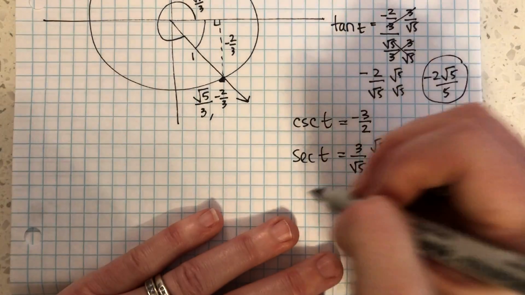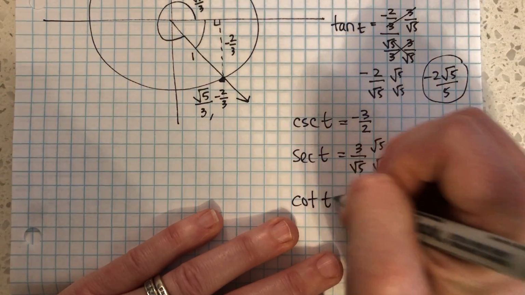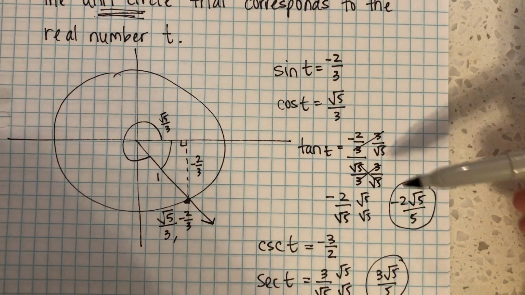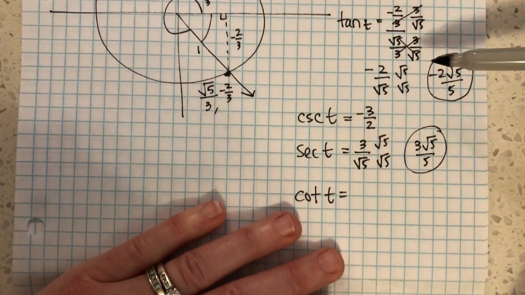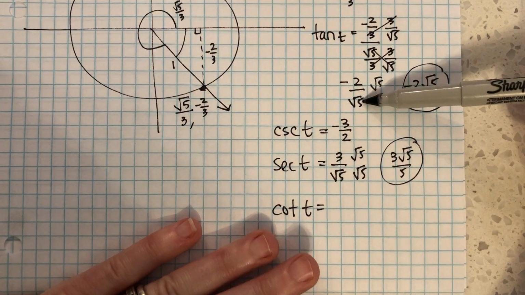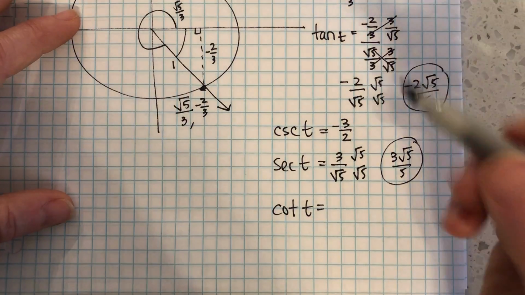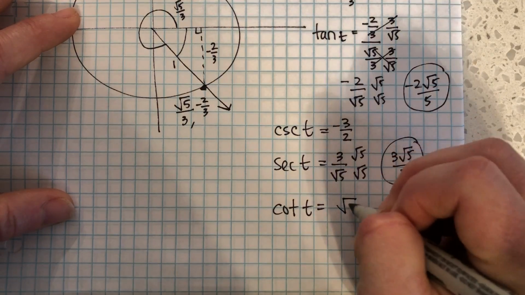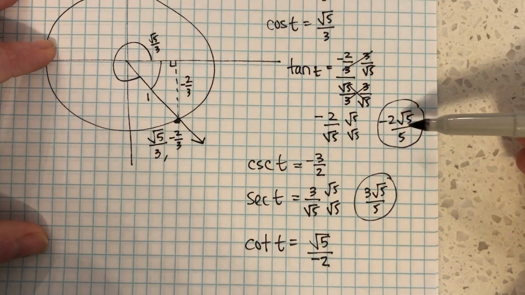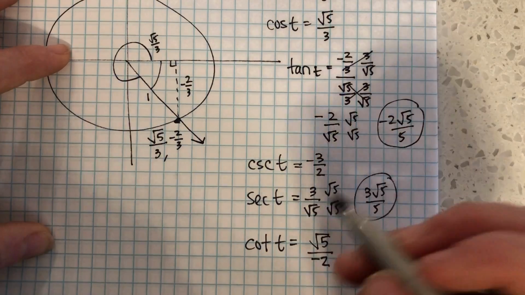The cotangent of T is the reciprocal of tangent. The tangent, before we cleaned it up, was negative 2 over root 5, so I'm just going to flip that over, and it's root 5 over negative 2, because that's easier than cleaning up the other one.